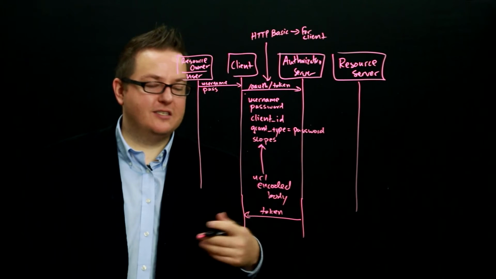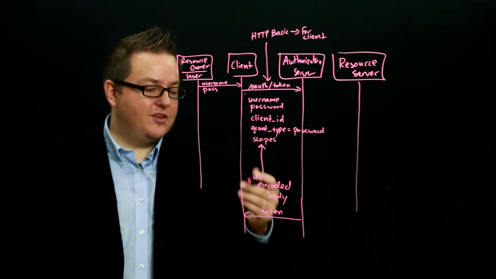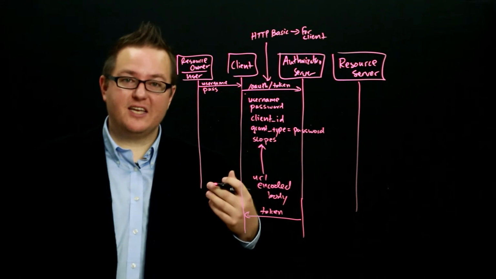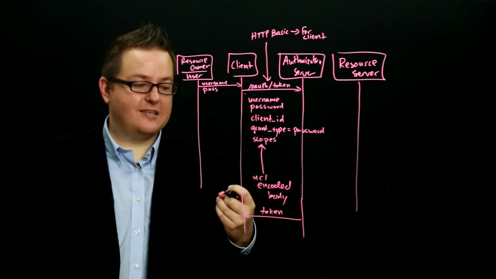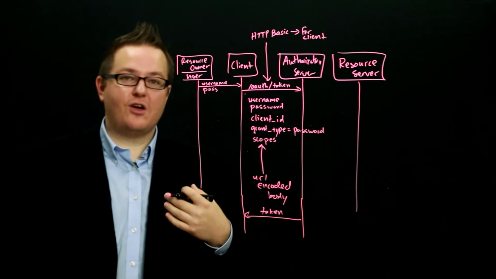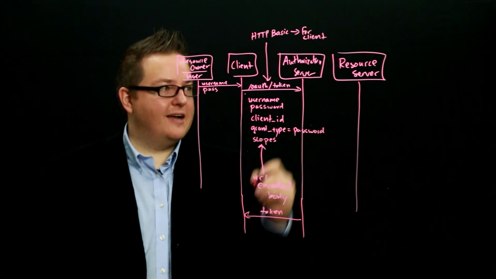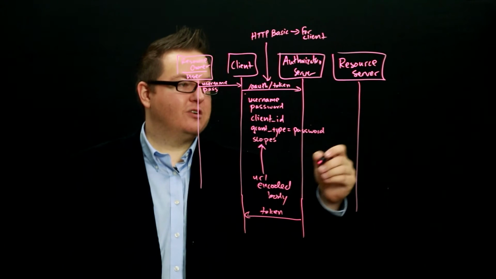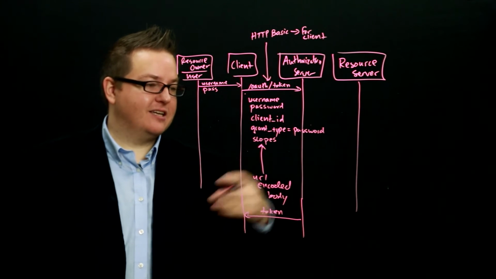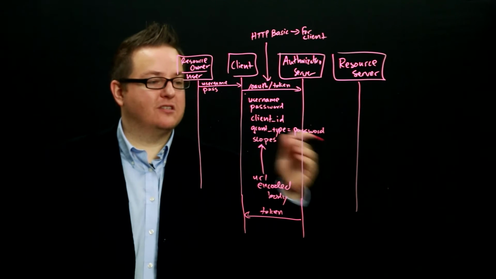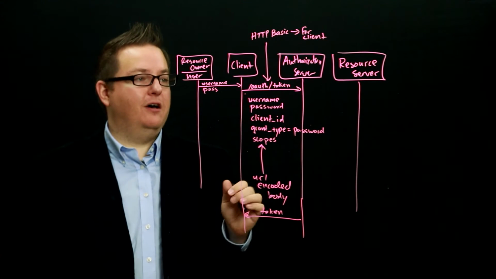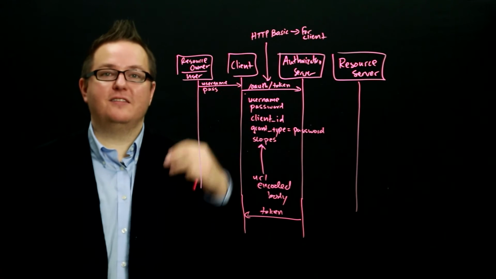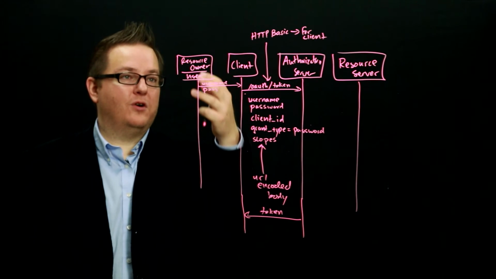And this token is simply a string that the client will be able to use in a second, when we talk about the next part of access, to prove that it has authenticated. And when it provides this token back, the authorization server will allow the client to get access to the specific resources that fall within the scope of the token that it got and the user account of that particular resource owner.